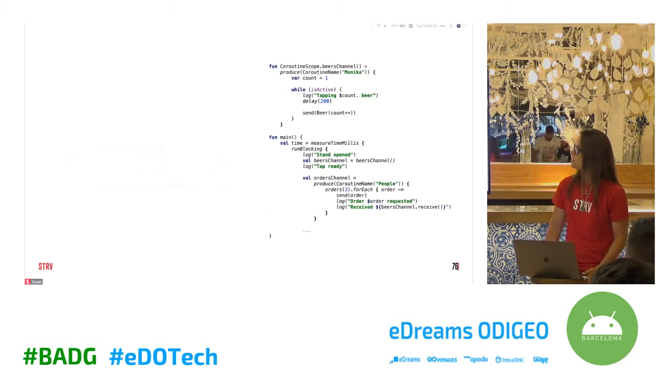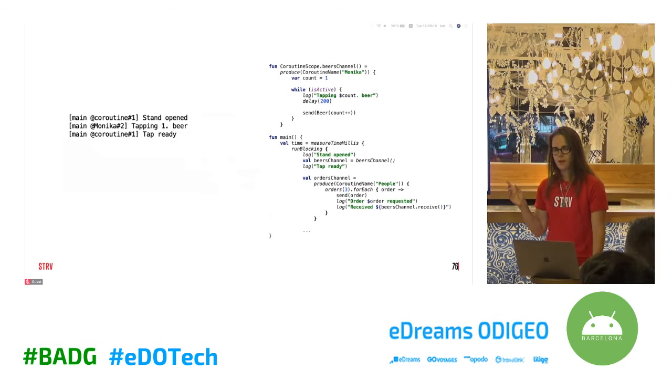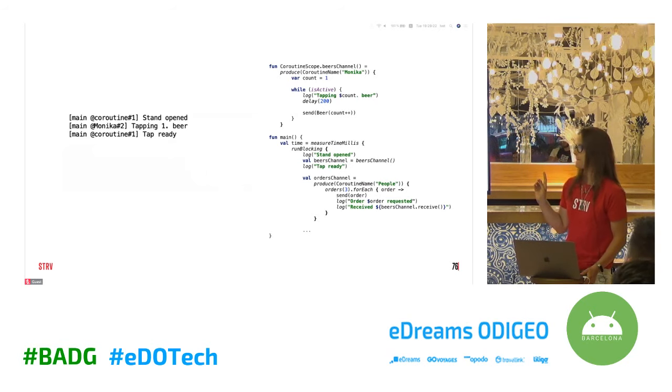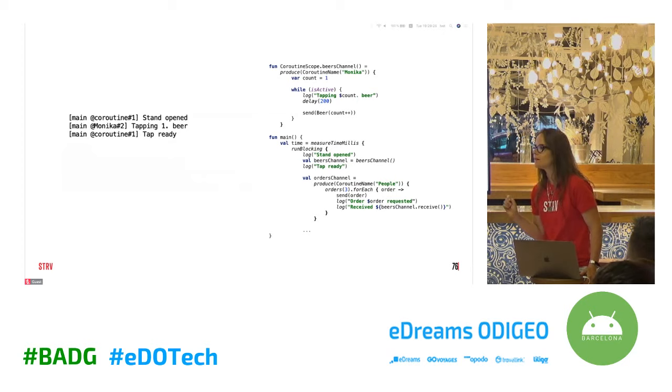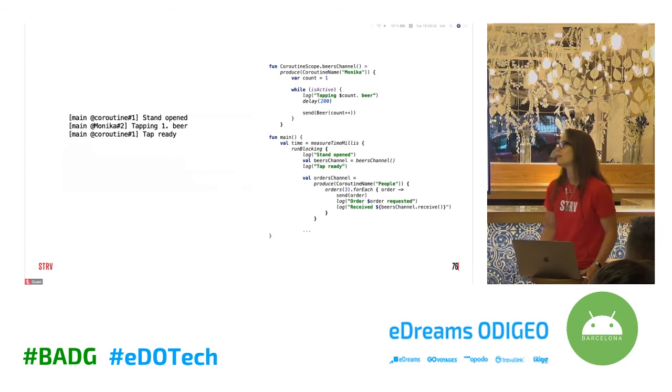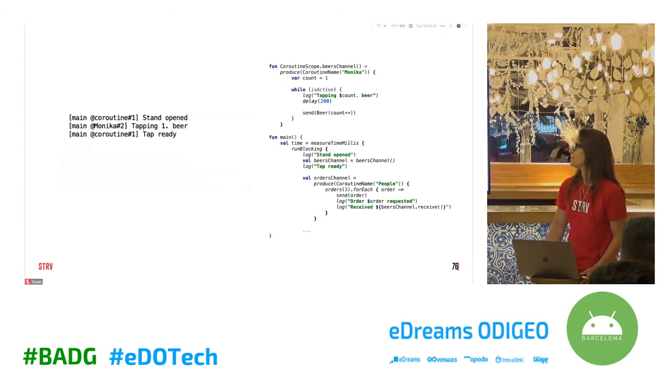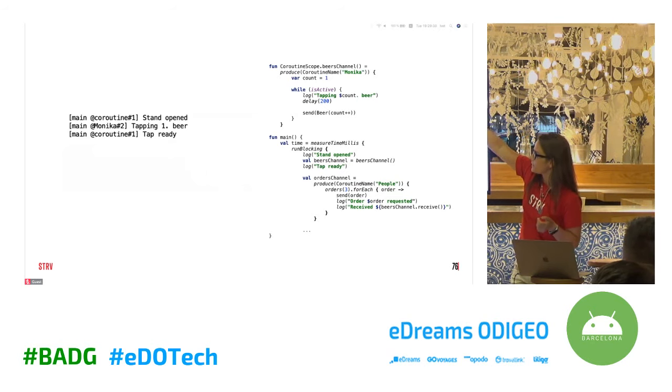And let's run it. And can anybody see something different in this output? Say coroutine instead of the name? No, it's not the issue. It's just because I haven't added a name to the coroutine. But the issue is, if you can see, that the beer is getting tapped before the tab is ready.